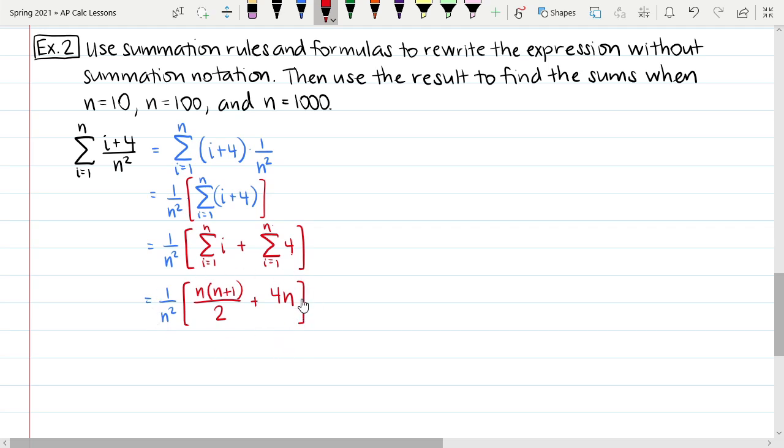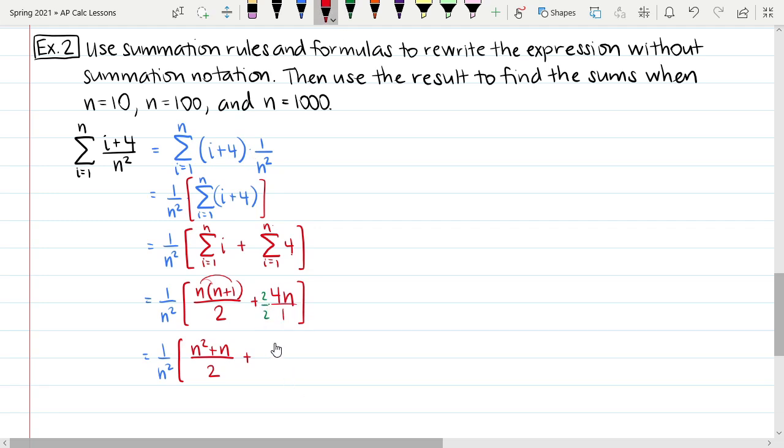So the first thing I want to do is actually simplify what's inside the brackets. I want to combine these two terms into a single fraction. So that means I'm going to do the following. In the first fraction, I'm going to go ahead and distribute that n. So I now have n squared plus n over 2, plus now 4n. Remember, in order to get this over 2, I'm going to have to multiply by 2 over 2.